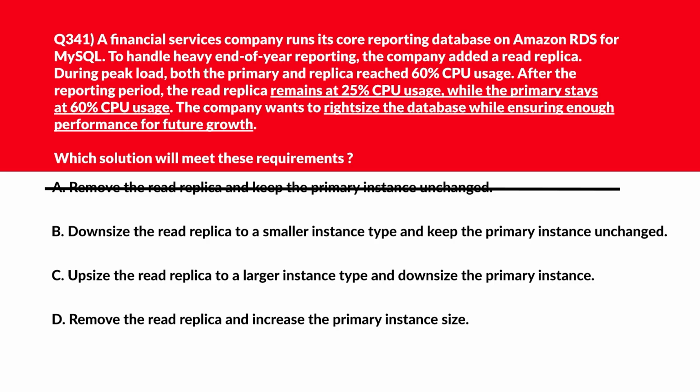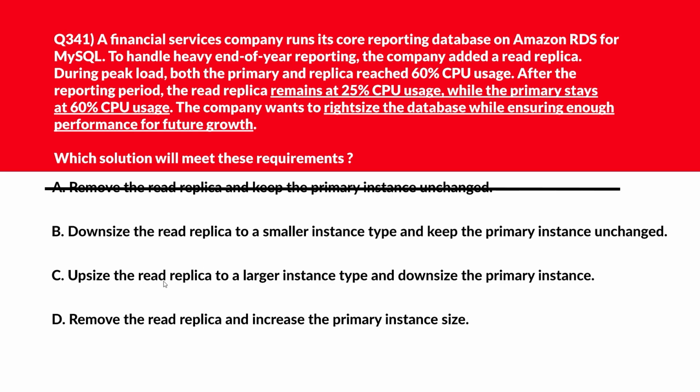Incorrect. Option B, the replica is underutilized at 25% CPU, so downsizing saves cost while maintaining read capacity. We'll keep this.